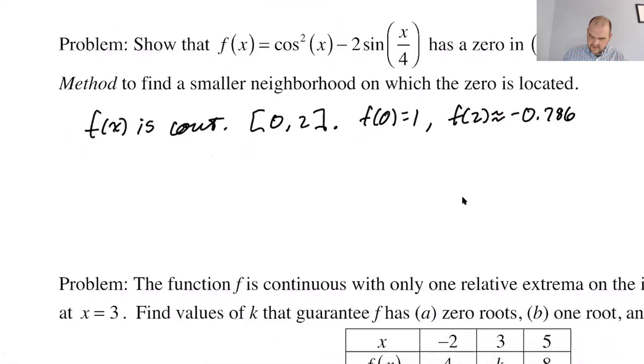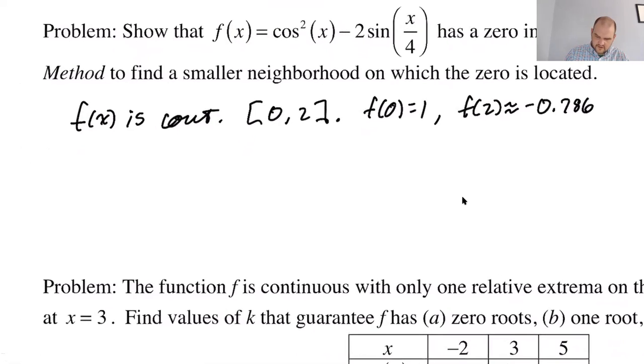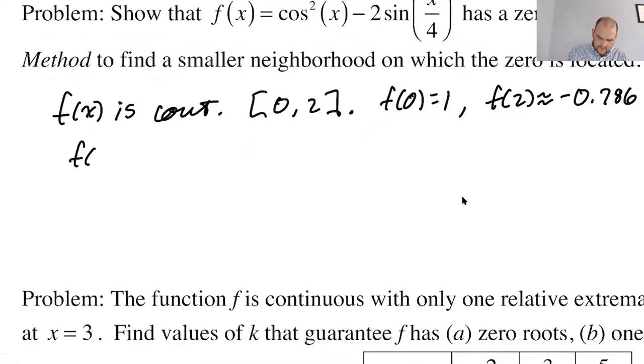So how can I say this? All right, so f of 2 is less than 0 is less than f of 0. f of 0 is 1, I get confused like that sometimes, so this is true.